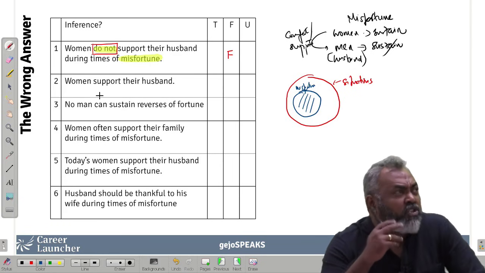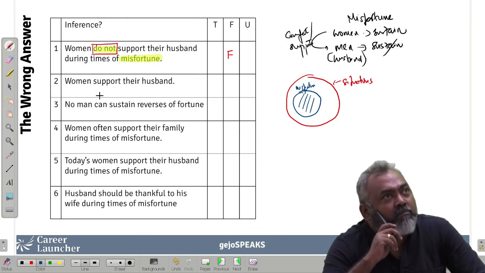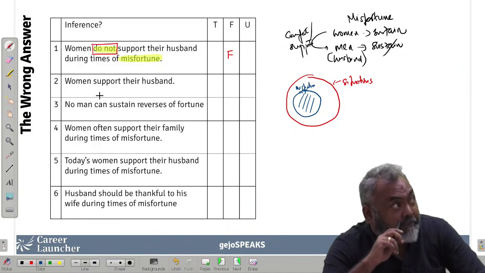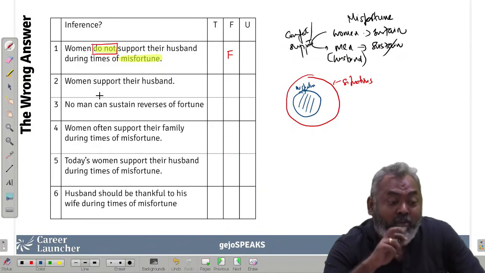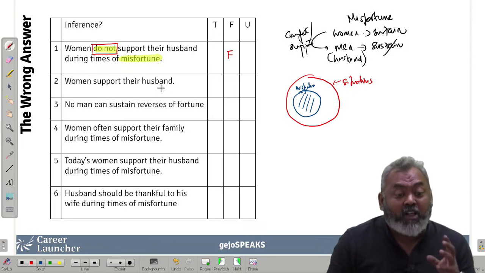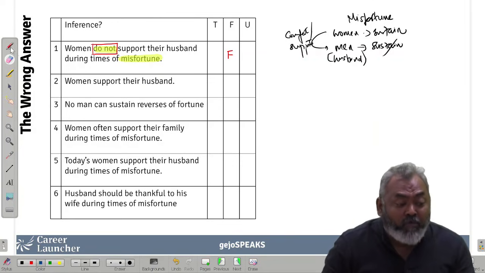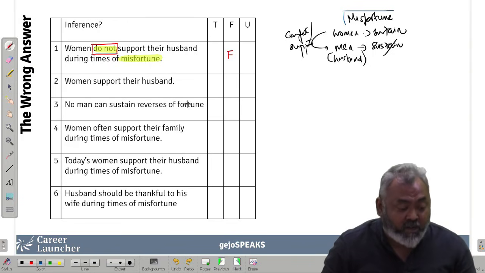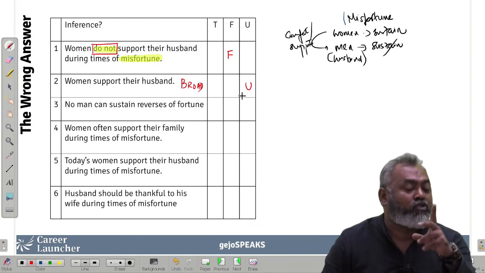What if the husband cheats? Will the woman support the husband? What if the husband decided that he wants to go to Thailand on his own? Will the women support the husband? I don't know. This particular answer choice, ladies and gentlemen, is not true. All we know from the passage is the context of misfortune, and the context is important. What this answer choice has done is take the context and make it a little broad. And therefore, this answer choice is uncertain.